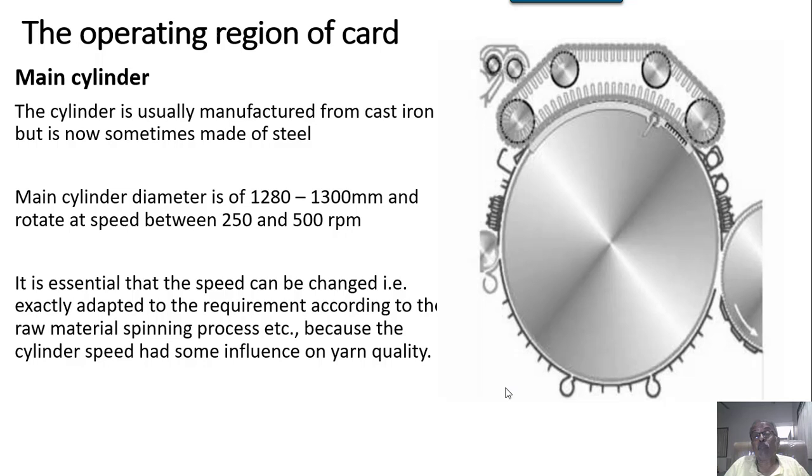That's why the cylinder speed is adjustable, and definitely it has an impact on the yarn quality: evenness, regularity of the yarn. So that directly has a bearing on that one. So that's why it is mentioned over here.